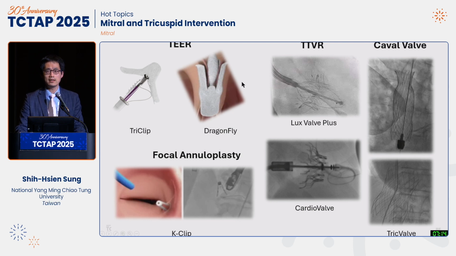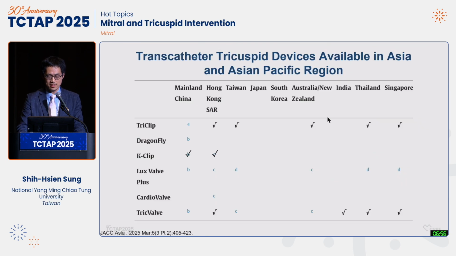So this is the available technology in Asia-Pacific, involving edge-to-edge repair, annuloplasty, and also orthotopic and heterotopic valve replacement. Compared to what Professor Sievert presented yesterday, 35 devices in Europe, that is really fewer in Asia-Pacific.